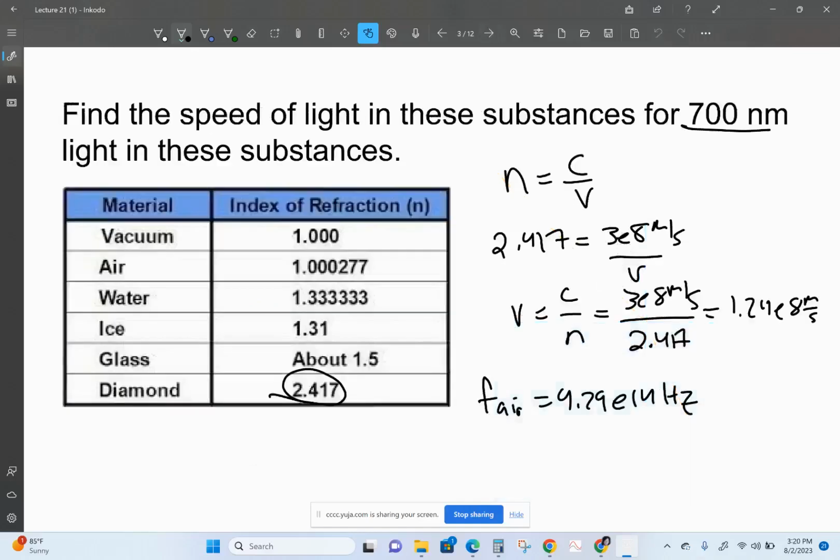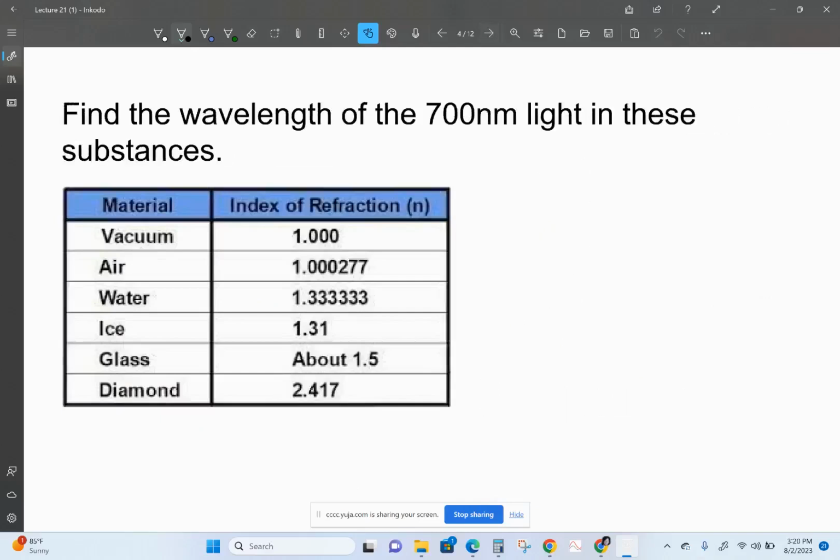To do that, we're going to take the speed of light in a diamond, which equals the frequency of that wave multiplied by the wavelength in a diamond. So the wavelength in the diamond is going to be equal to the velocity in the diamond divided by the frequency.